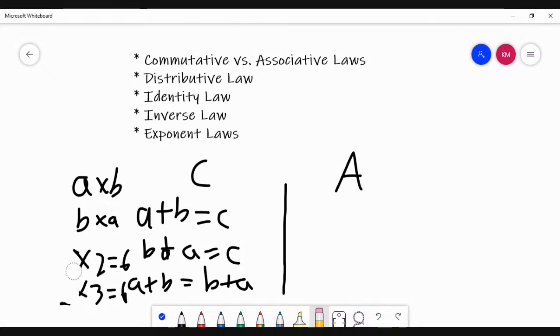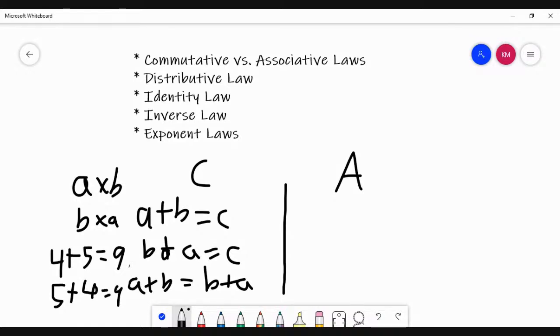Another example. 4 plus 5 gives me 9. But also 5 plus 4 gives me 9. Therefore, whether I write 4 plus 5 or 5 plus 4, both will still give me the answer of 9, meaning no matter how you write it for adding or multiplying, the numbers will be exactly the same.